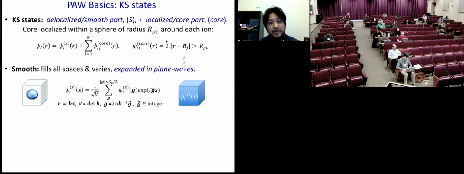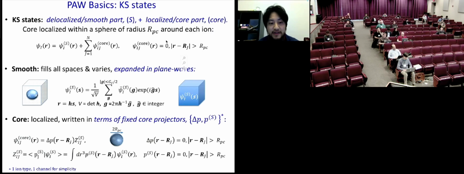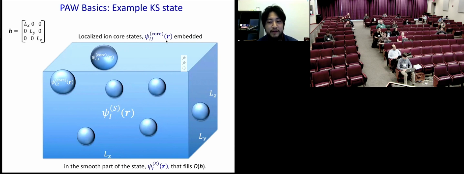This core function psi_ij lives only inside some cutoff radius r_PC, which we call the augmentation radius. The smooth part is easy. We do the standard plane wave expansion. The core part, we can construct by using these two projector functions, delta p and p-tilde, and both of them live only inside the core. If you zoom out and look at the whole simulation box, it's kind of like this.